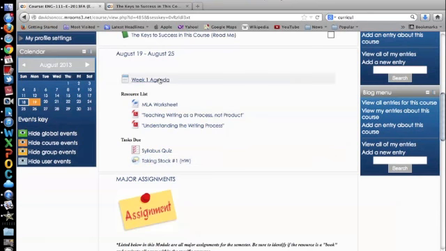For each week, students will see an agenda, a resource list, and a category labeled Task Due. For tasks due, please note that this does not mean that these are the only tasks that are due for this specific week. This simply means that these are the tasks that are due that are related directly to Moodle. Some weeks there will not be a resource list as it may not be needed.